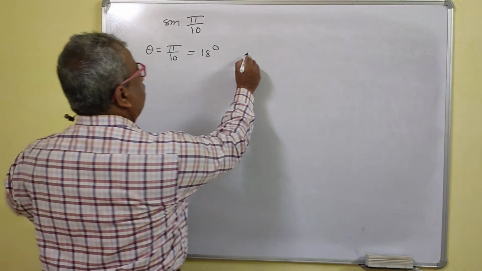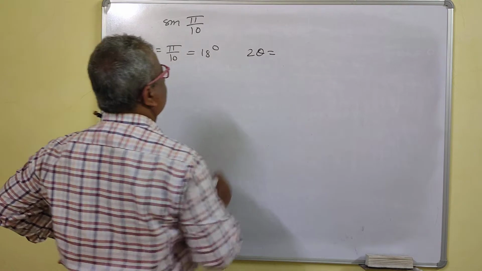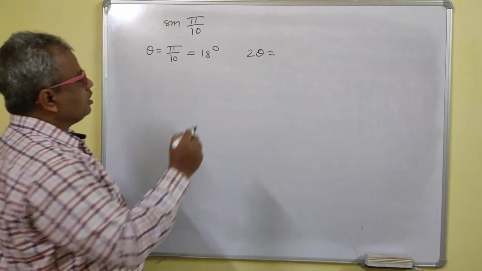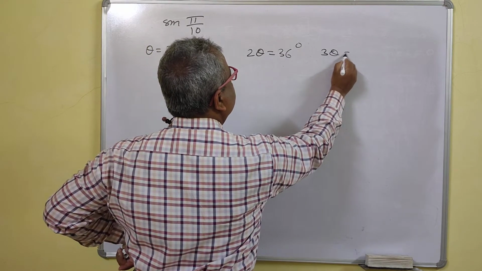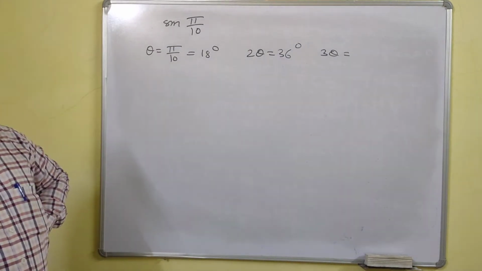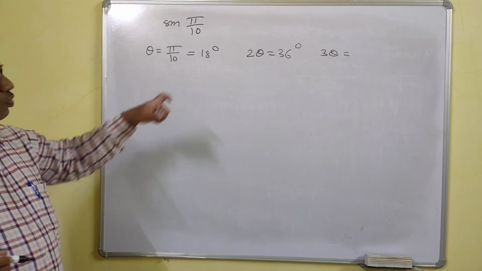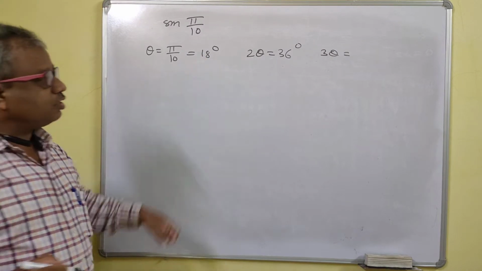Now what is 2 theta? 2 theta is 36 degree. What is 3 theta? 18 into 3, that is 54 degree.